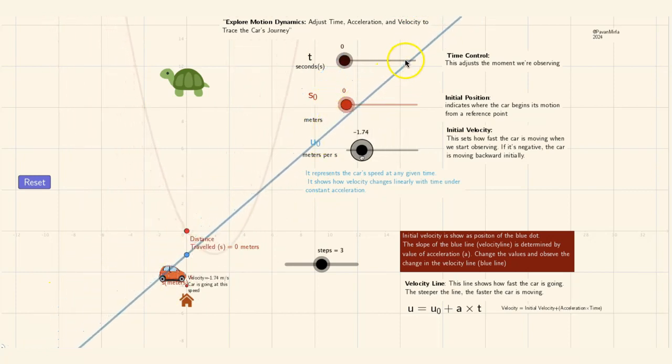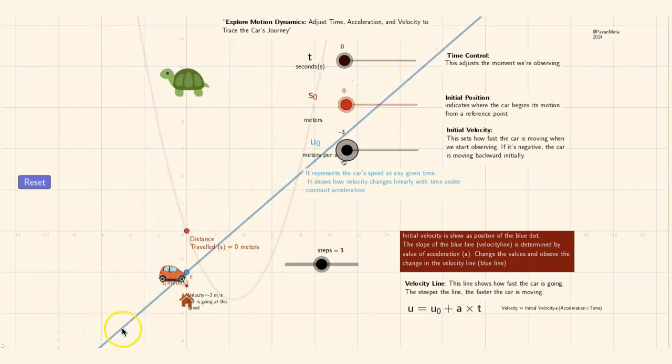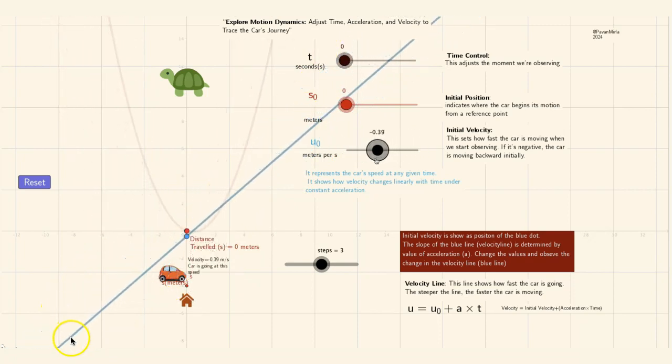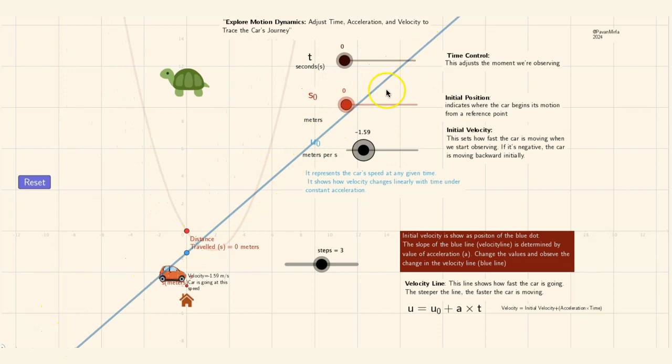If it is constant, the line keeps the same angle. Here, the line keeps the same angle. More on that in the next slides. For now, just remember, the starting spot, the blue dot, is our initial velocity.